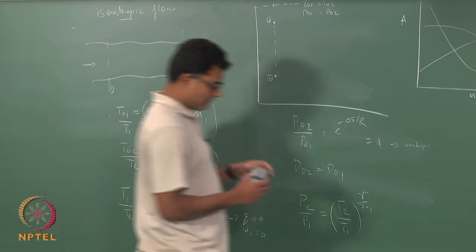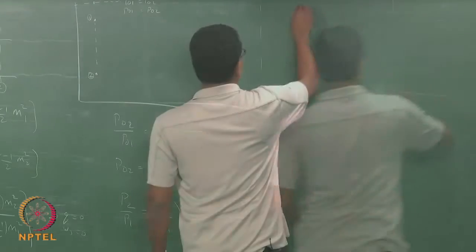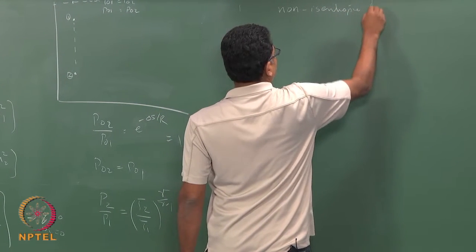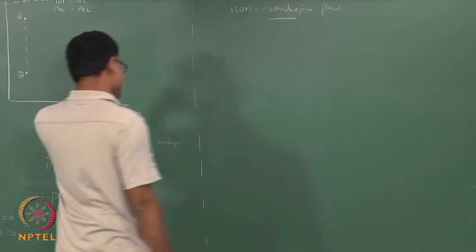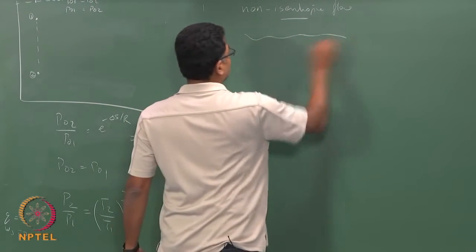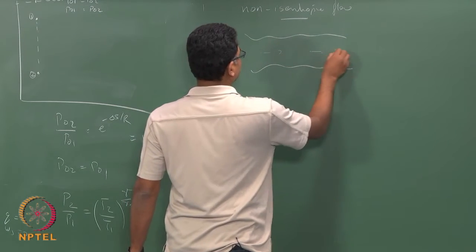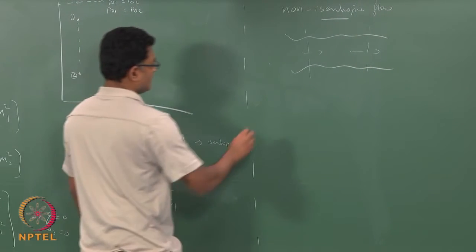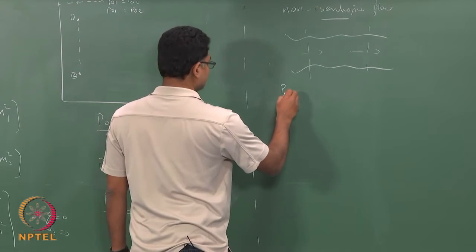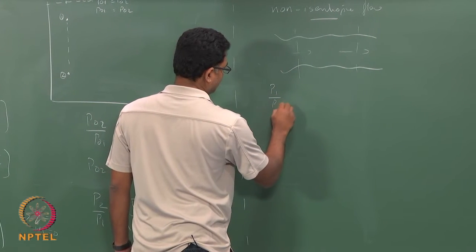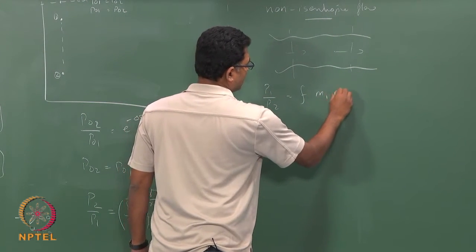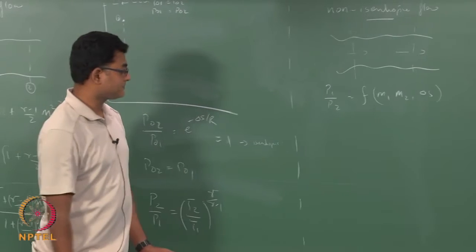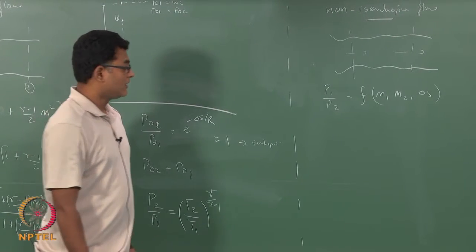But now, if it is not isentropic, so let us consider a non-isentropic flow. So, I have a flow here. My ratio P1 by P2 will be a function of M1, M2 and delta S, and of course, gamma or R. Okay.